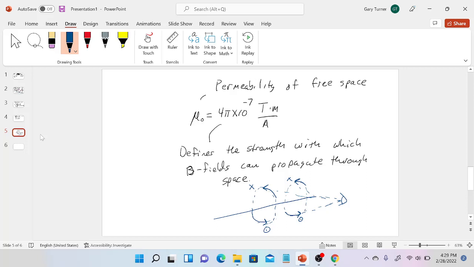But in reality, they're really wrapping around. So the moral of this story is that the magnetic fields of a straight wire form circles around the wire.